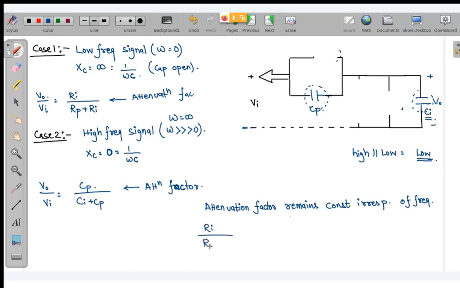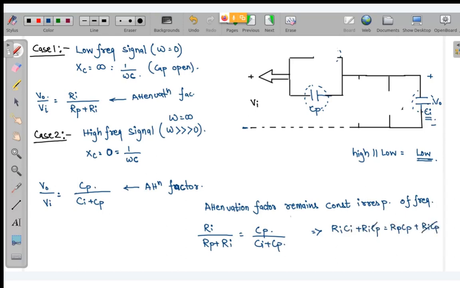Ri divided by Rp plus Ri is equal to Cp divided by Ci plus Cp. Okay, so both the attenuation factors are same. So now please cross multiply and see what you get. Rici plus Ricp is equal to Rpcp plus Ricp.